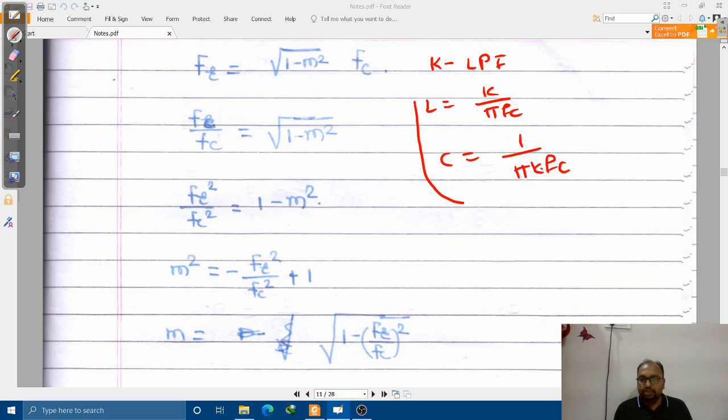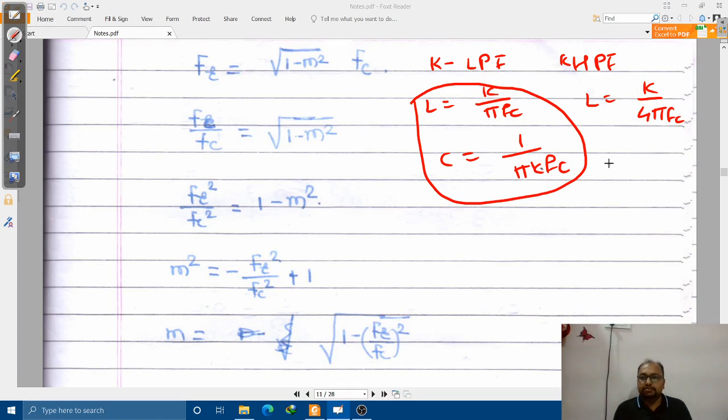If you remember these two formulae, then the constant K high pass filter can be written as L equals K divided by, only 4 is extra in the denominator. And that is the same case for the capacitor as well, right?